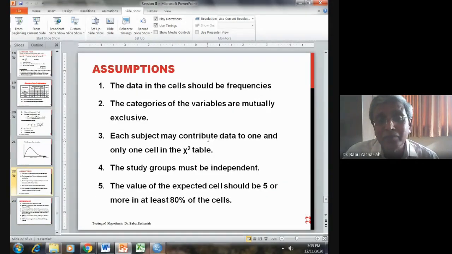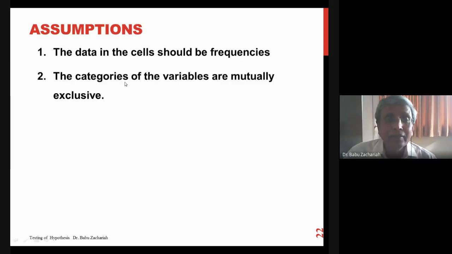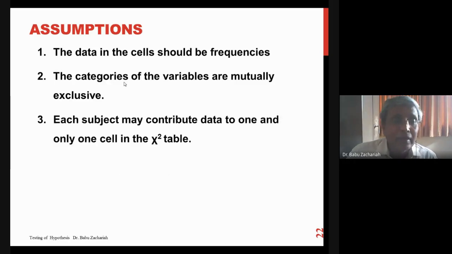And it has assumptions also. Let me do that because that is very important. Data in the cells should be frequencies only, and the categories of the variable are mutually exclusive. So the divisions low, moderate, high should be very perfect. Each subject must contribute data to one and only one cell.